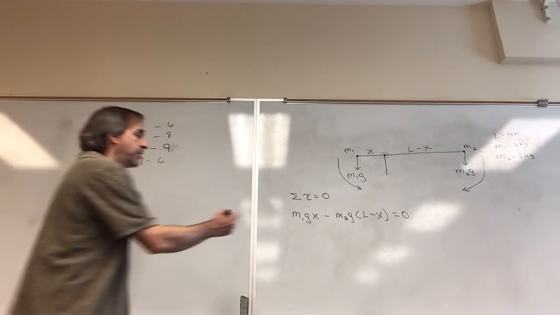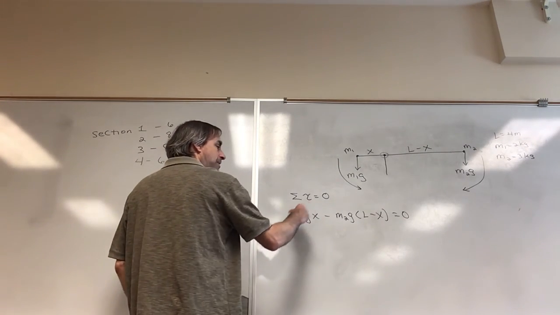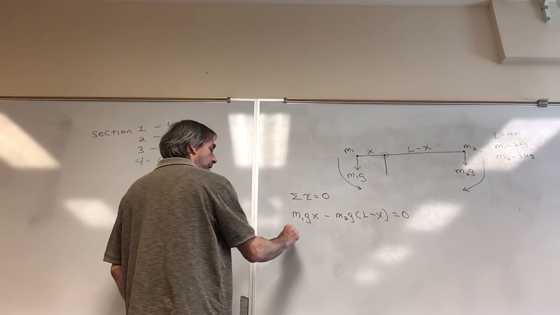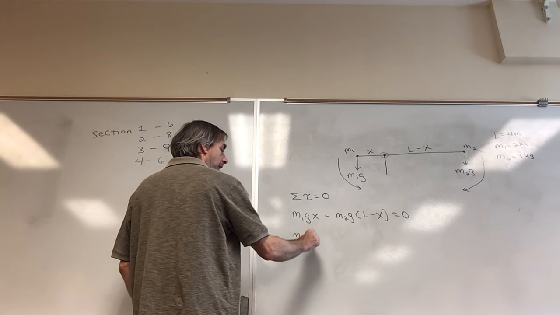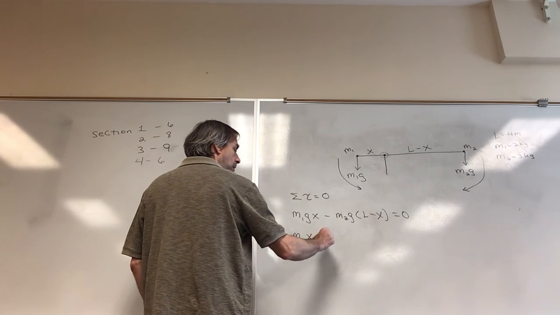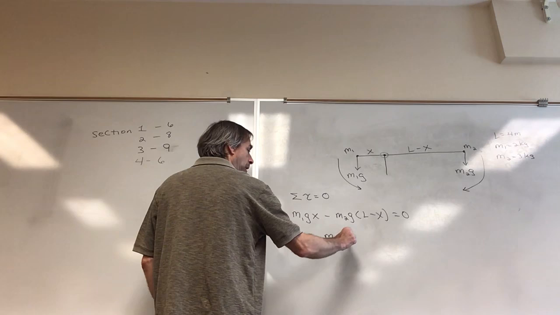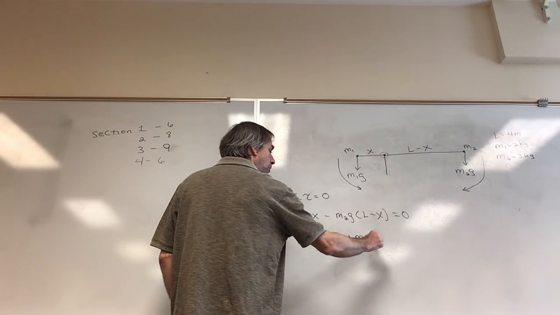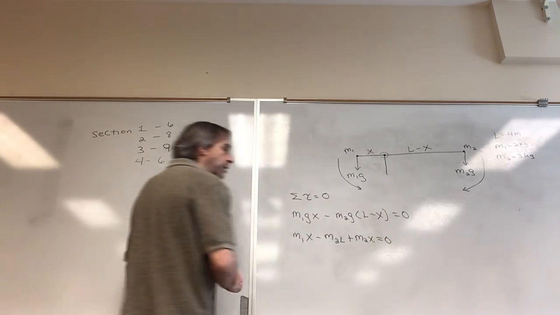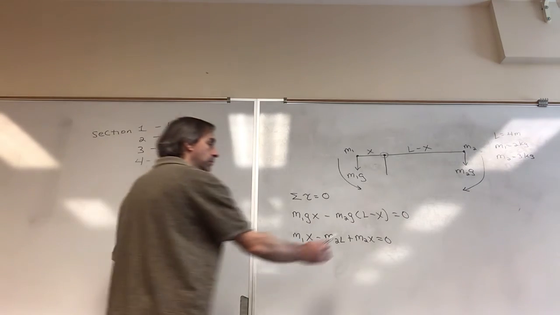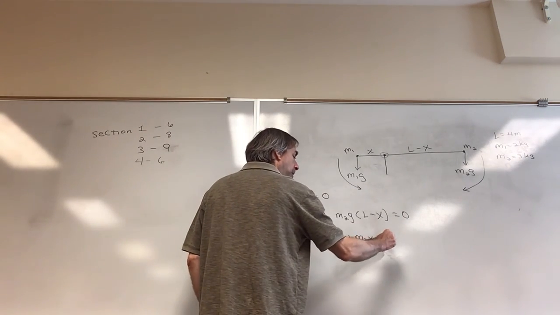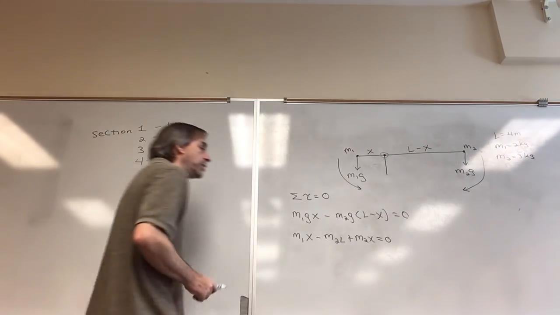And so let's distribute this. Okay, let's cancel out G. That doesn't matter. So we have M1 times X minus M2L plus M2X equals 0. So we just got rid of G because we have 0 on one side.